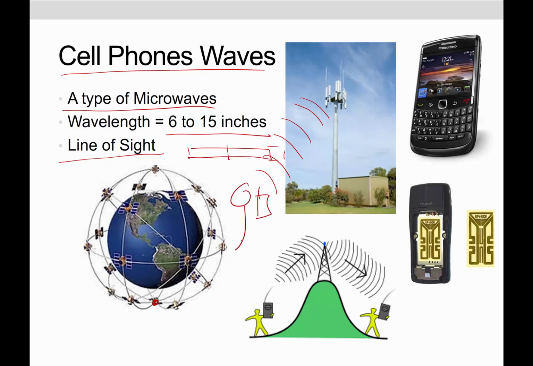If you're standing someplace talking on your cell phone, the cell phone signal is going to go up to one of these cell phone antennas that is actually going to pick it up. Then it is going to transmit that signal up to a satellite. The satellite is going to then pass it to another satellite and then another satellite and another satellite.